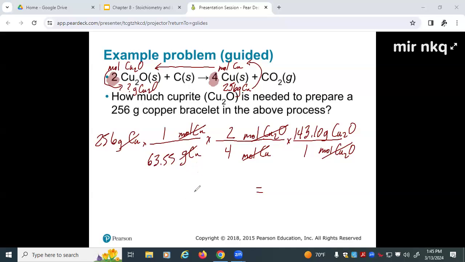My calculator gives me a whole bunch here, 288.2265 and so on and so on. Remember, I only need 3. So that 3rd digit is the 8 here. We're going to round it to 288 grams of cuprite.